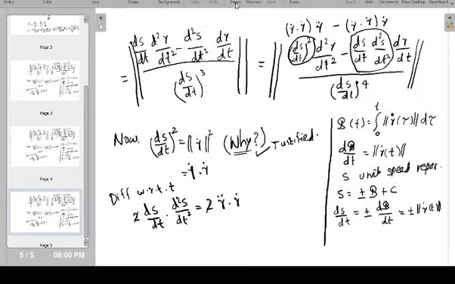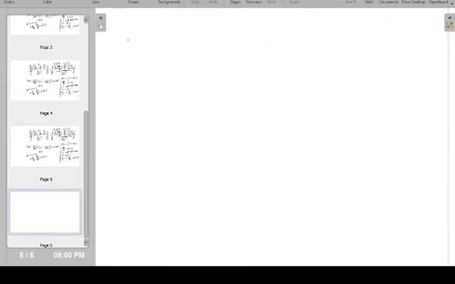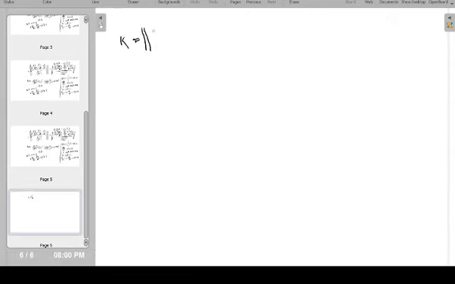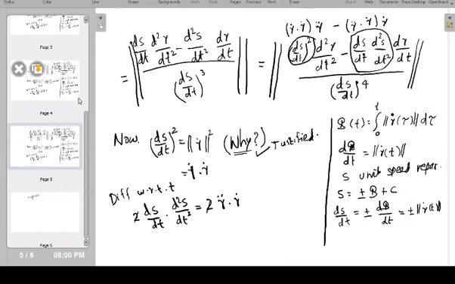So kappa equal to the norm of, here it is, gamma dot inner product gamma dot into gamma double dot minus gamma double dot inner product with the gamma dot times gamma dot.